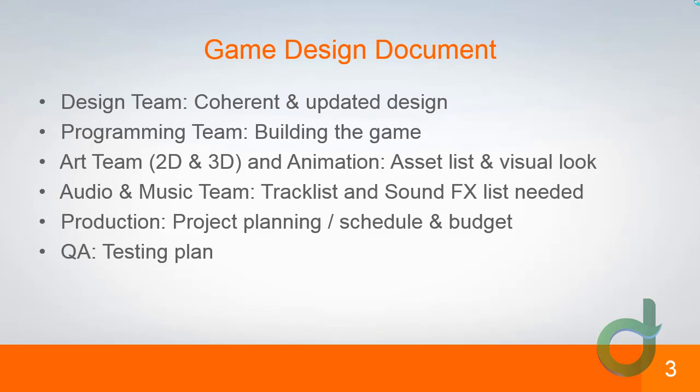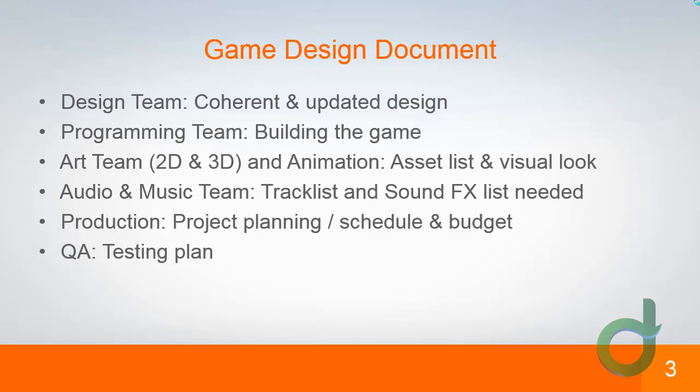It's also very useful for the audio and music team, because in the same way that the art department creates an asset document, the audio team is going to create a track list and sound effects needed to create audio and music for the game.